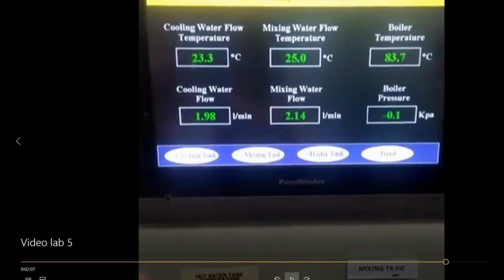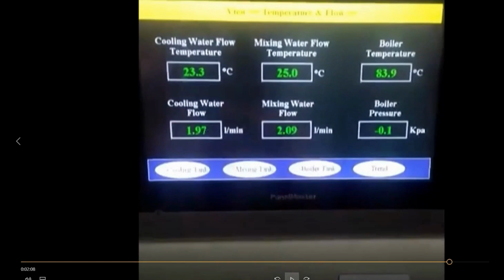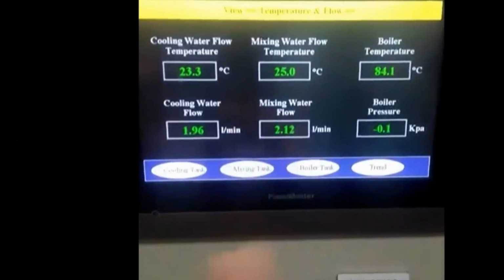So this is the value of the steam flow out from the hot tank, in kilogram per minute or liter per minute. You need to change the mixing tank value.